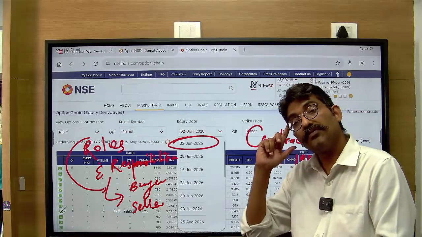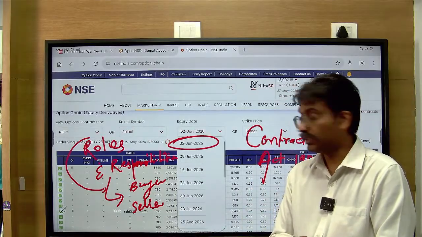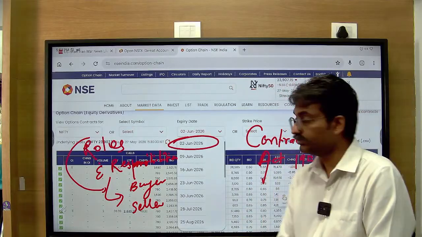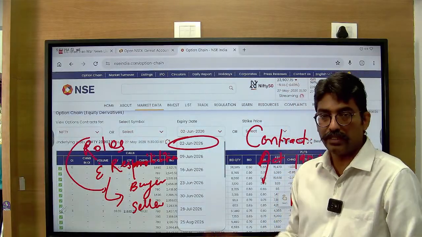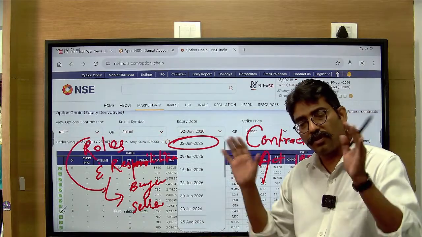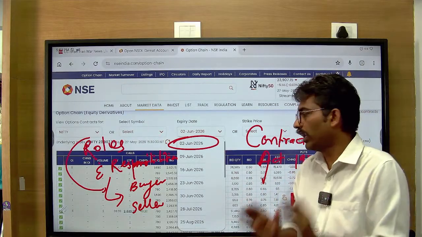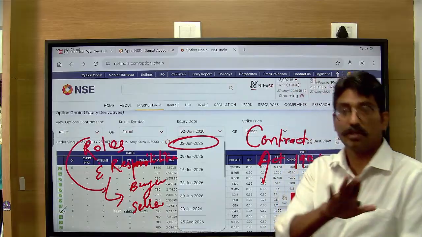So when you're thinking from a contract act, then you're thinking from a right to buy and right to sell. But can you think from a contract act all the times? No. When you're on the trading desk, it is purely from a money making point of view. Hence the right to buy and right to sell does not apply.